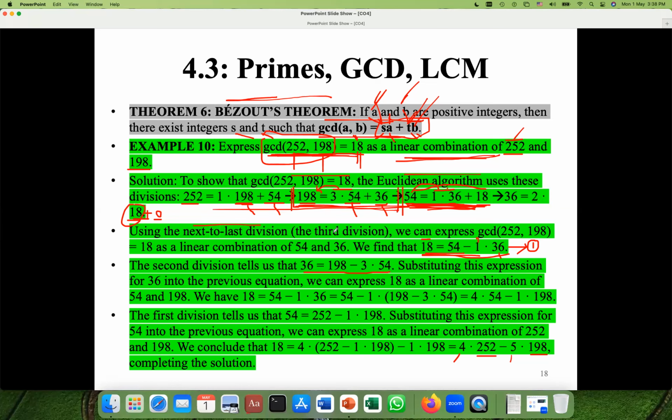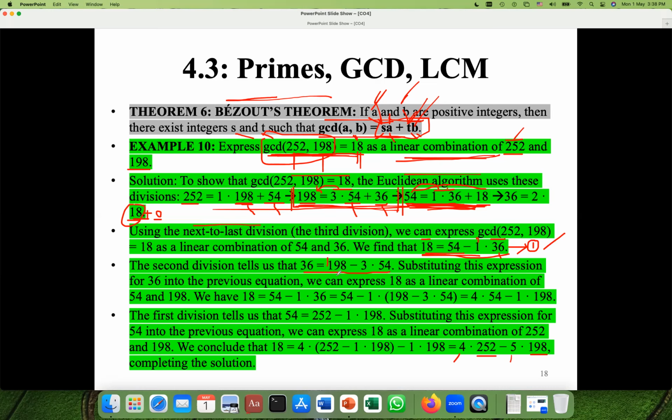Now, what can you do? We have 36 is equal to this one. We have 36 here. Replace this value in the previous equation. In this previous equation, put this value of 36 here in equation 1.